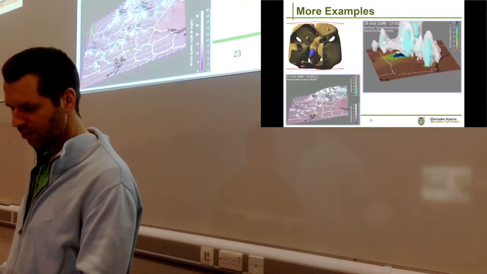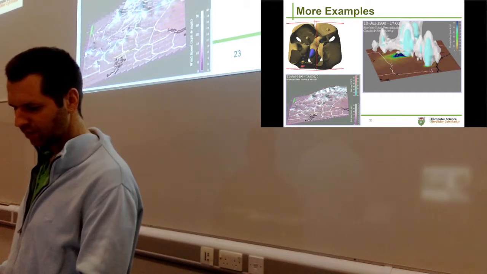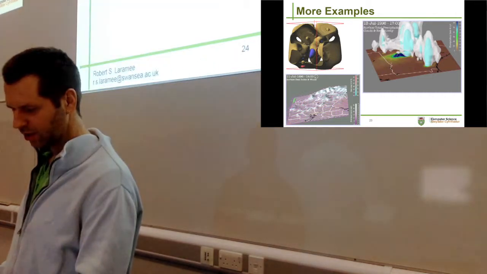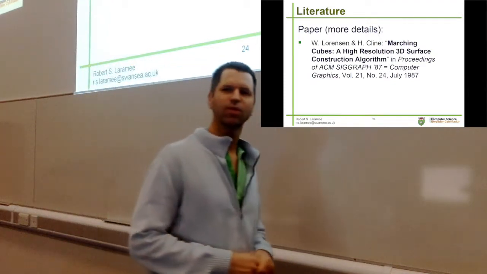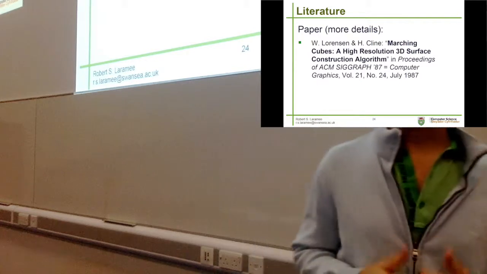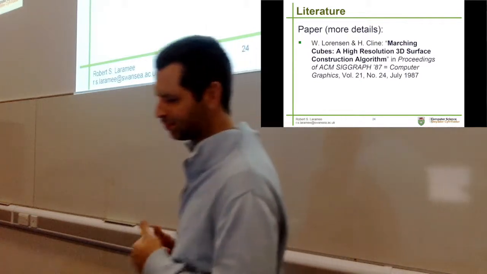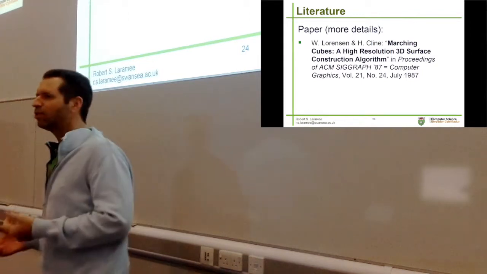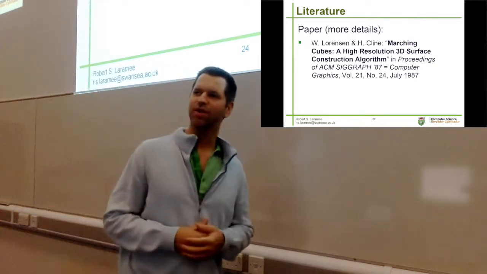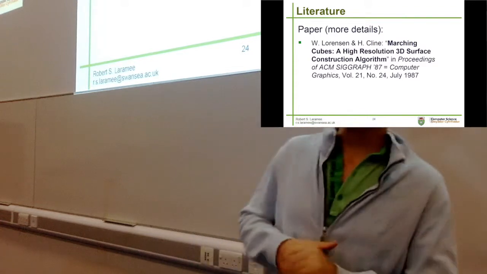Here are more isosurfaces. Surfaces of constant scalar value. And this is the paper you read if you want to see more details. You find a copy of that on Blackboard, but Google Scholar can also provide you with a copy. It's not a big deal.